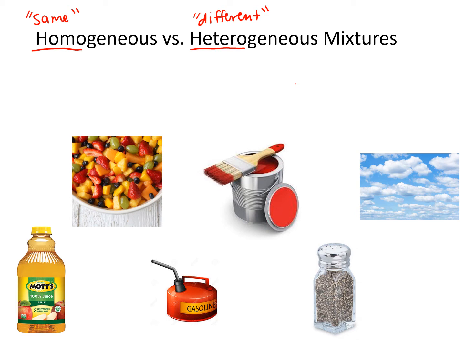A homogeneous mixture is going to be the same or uniform throughout the mixture. And a heterogeneous mixture is going to be different or not uniform throughout the mixture.